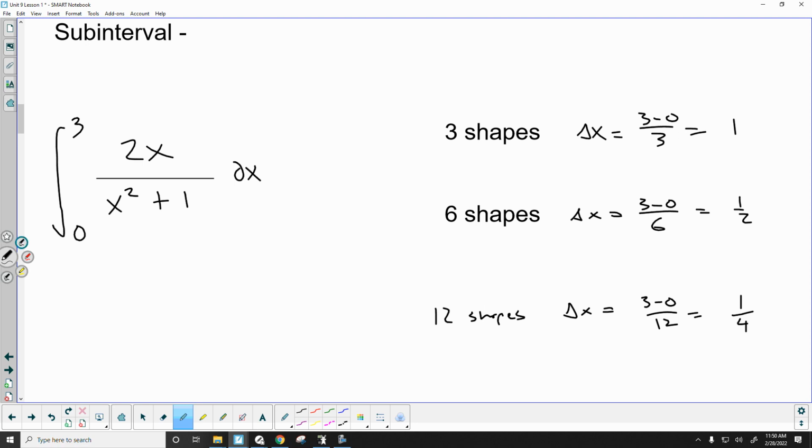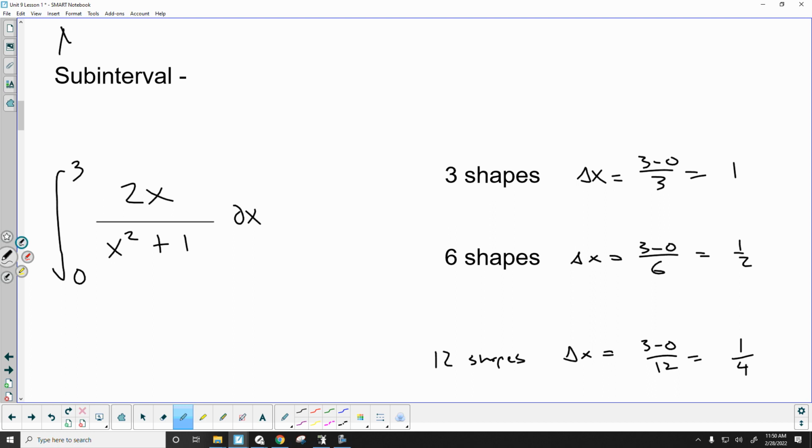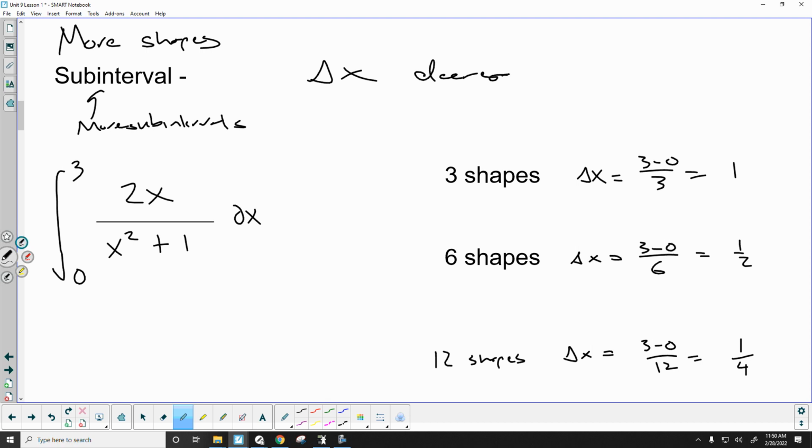Cool? More shapes, more subintervals, delta x decreases. Okay?